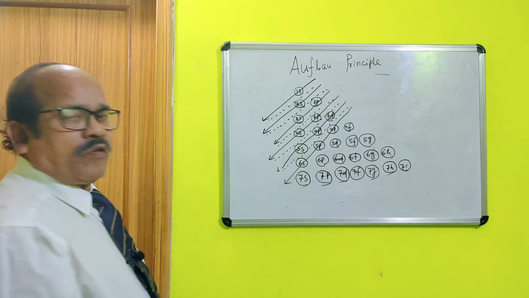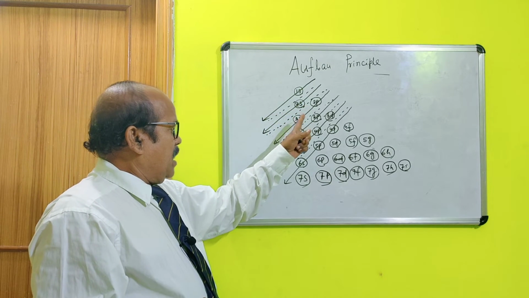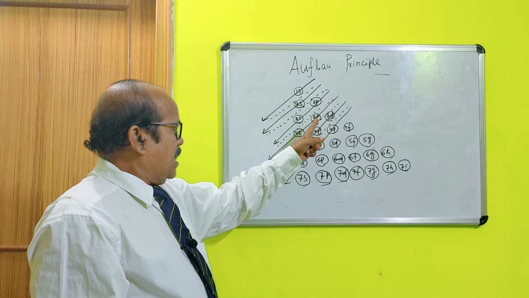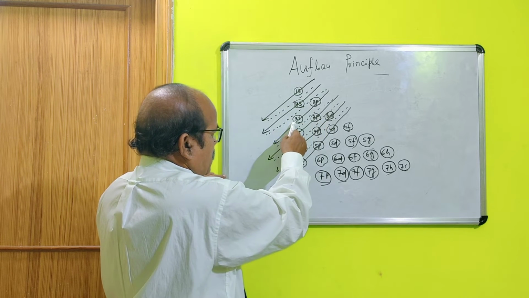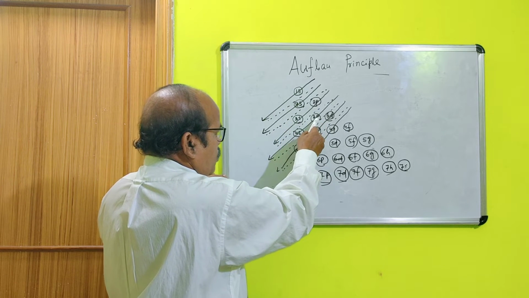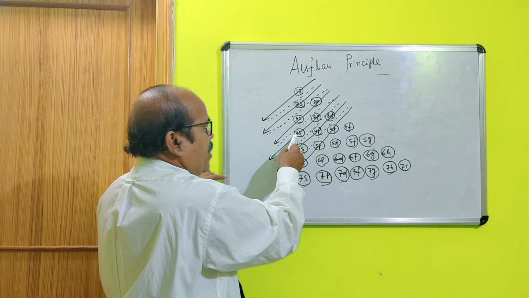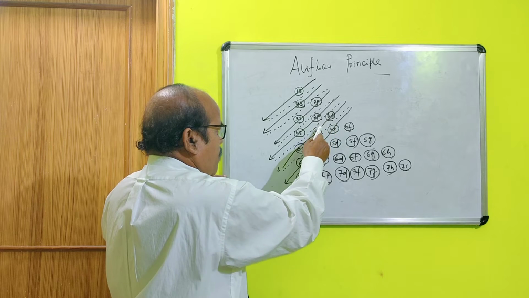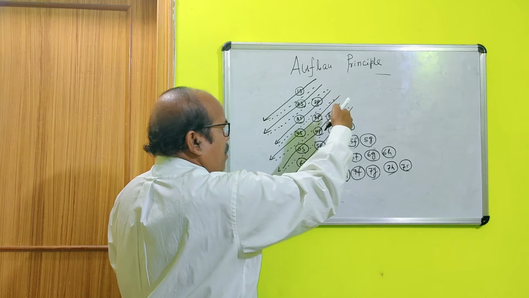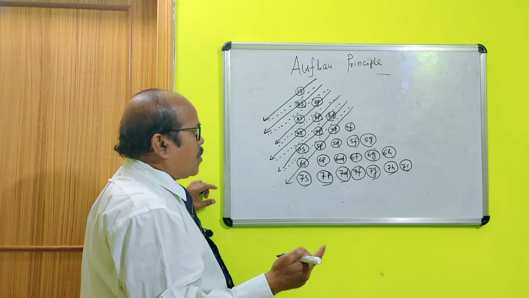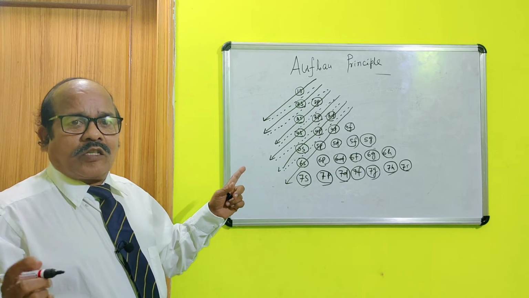After 1s, 2s, 2p, then 3s, 3p, and instead of going to 3d, it will move to 4s, then to 3d, 4p, 5s, like that. I have shown with the help of arrows where the electrons will go. So this is how the electrons will be filled up.